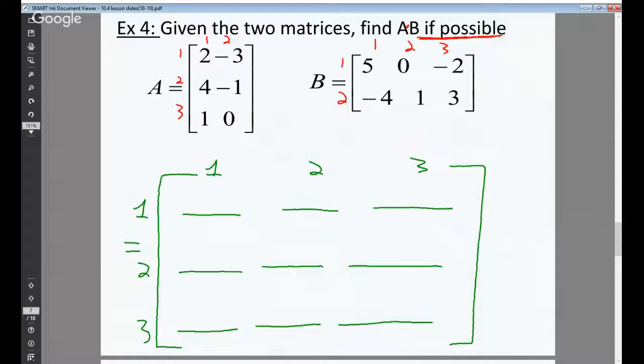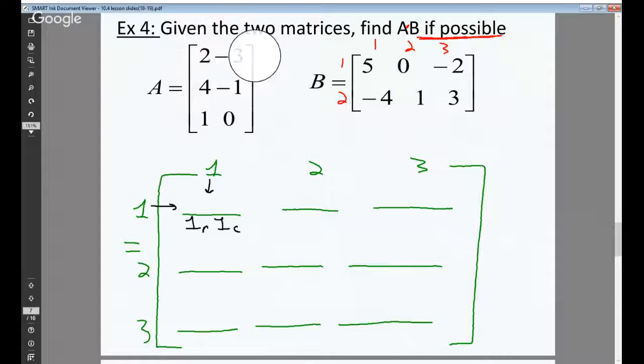Now, it's been a while since we've multiplied, so you might need a refresher on how to multiply matrices. So let's say we want to find the first element. And notice how this element is in the first row and then the first column. This is actually important.